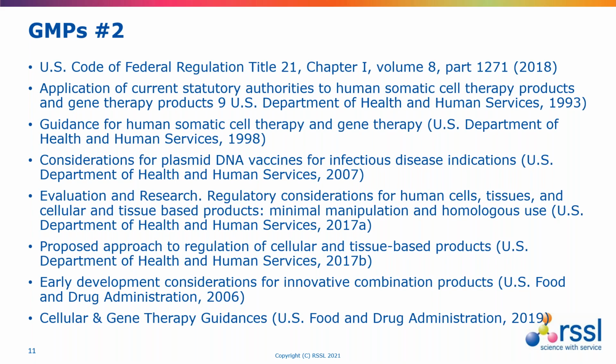And also ICH Q5A, which is the guideline on the quality of biotechnological products in terms of viral safety for products derived from cell lines of human or animal origin. So there's a raft of emerging regulations also that need to be navigated through.